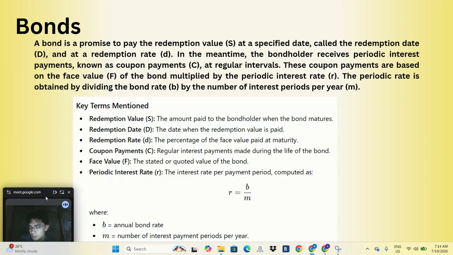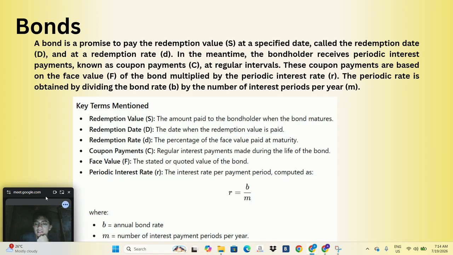For example, yung kay Mr. Guapo, di ba may 600. So, those are the coupon payments. Face value, the stated or quoted value of the bond.